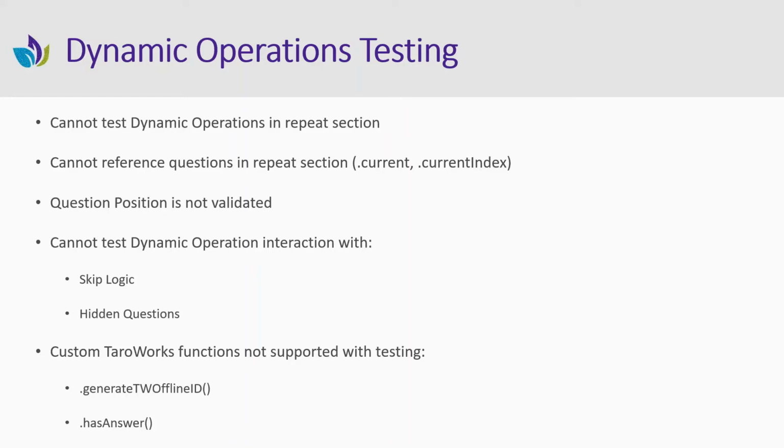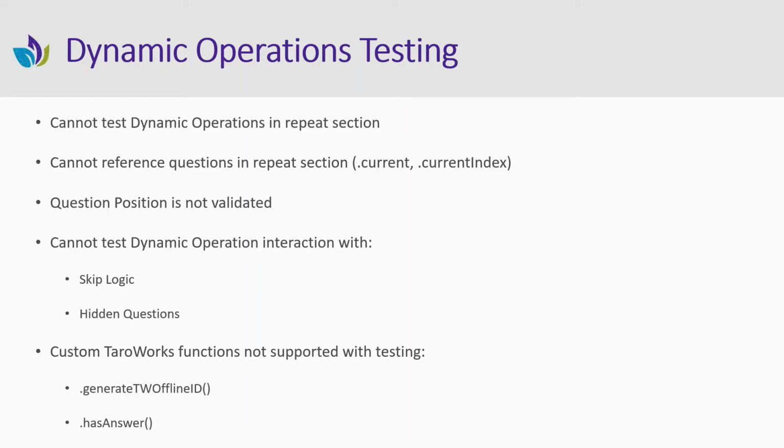So any questions within a repeat section, you cannot use this tool to do any testing on. It follows that you also cannot reference any questions from a repeat section in other questions and use this tool. You obviously can still write dynamic operations with these, but this tool cannot be used to validate your dynamic operations.